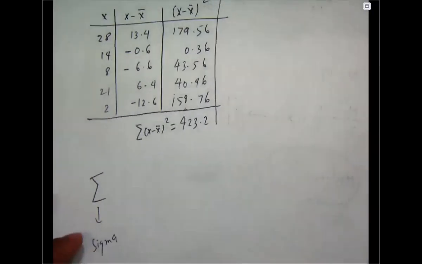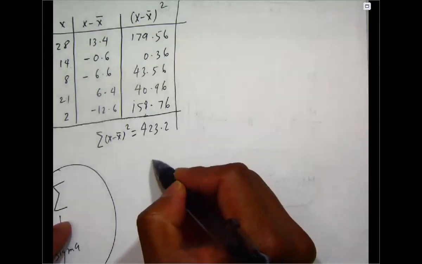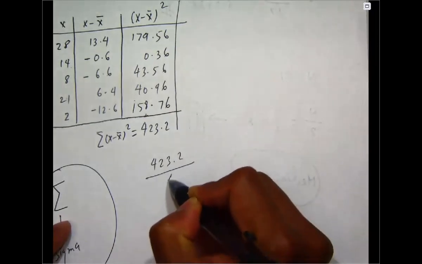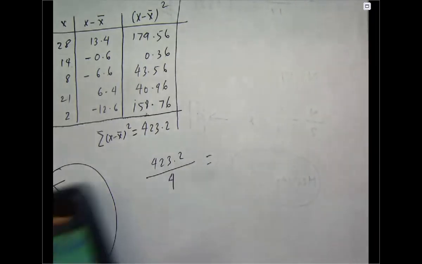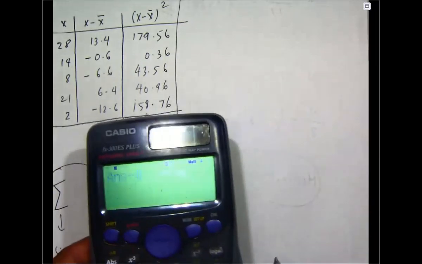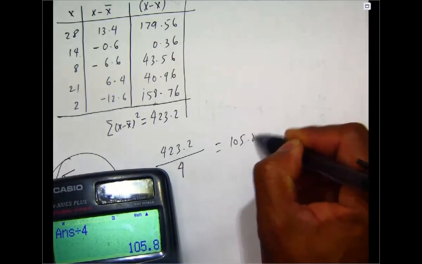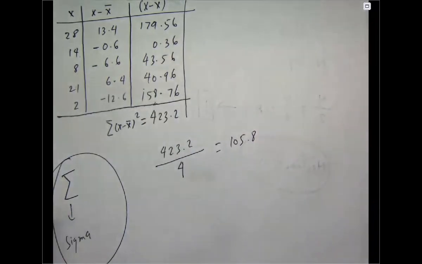So the next step is, to find the standard deviation, you divide this 423.2 by n minus 1, which is 4 in this case because it's a sample. So what is 423.2 divided by 4? It's 105.8. Good?